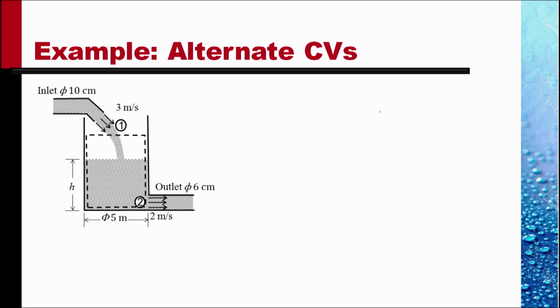At 1, the velocity is inclined at 45 degrees to this. This would complicate the calculation. The area would now increase to the area of the pipe divided by cosine 45 degrees.